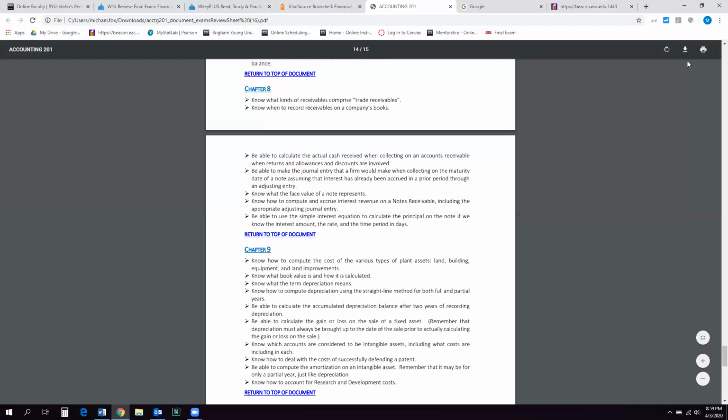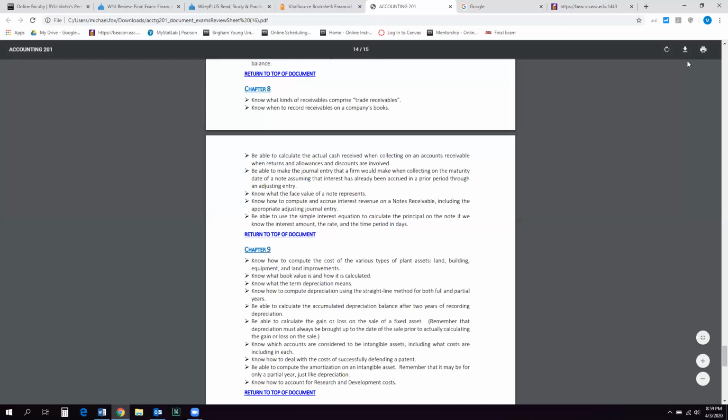Again, I would record the sales revenue and the account receivable. And if it's something like a note receivable, then when we agree upon the note, that will be the start date, and we would record the receivable. So that's pretty straightforward.